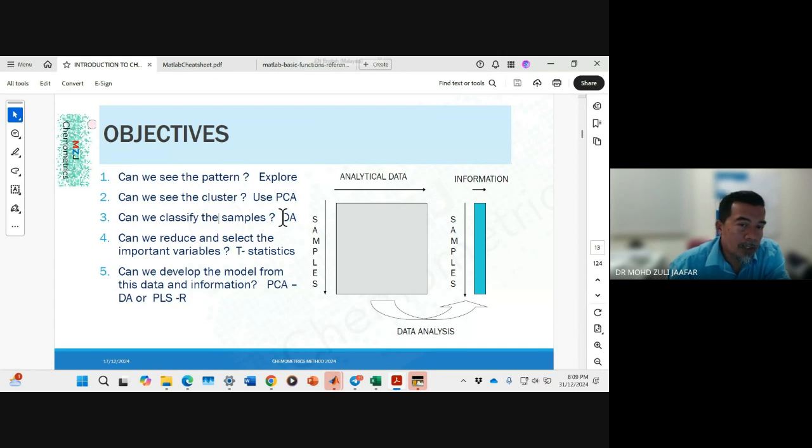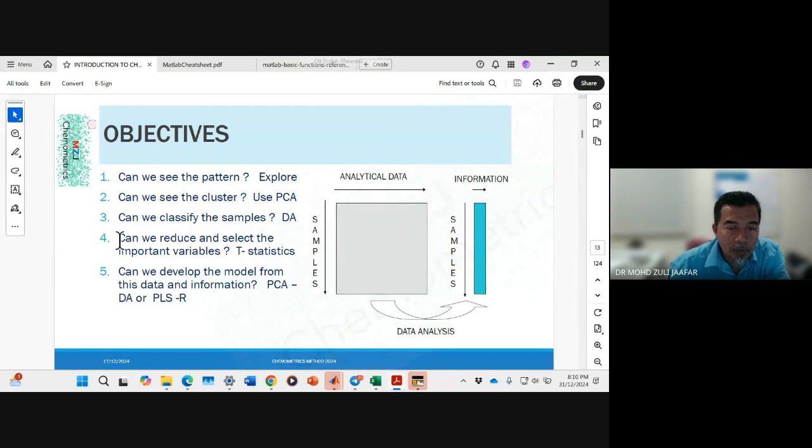Maybe you already performed wet chemistry analysis. You run the GC, maybe you run the mass spec, you get the chromatogram. But to get a quick answer for classification, you can do chemometrics, the method called discriminant analysis, DA.